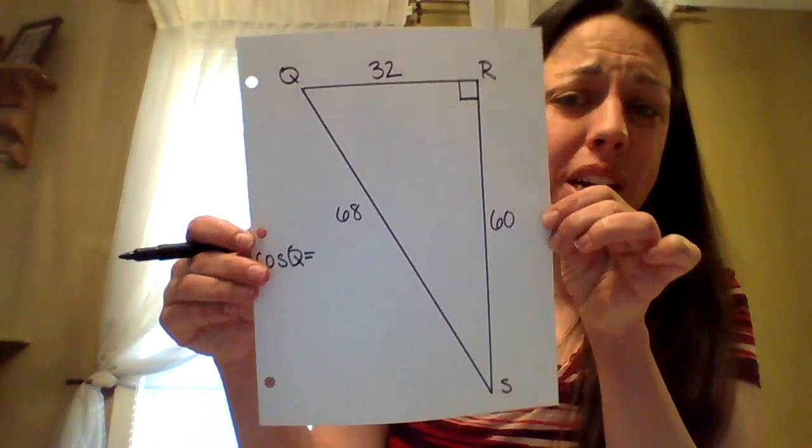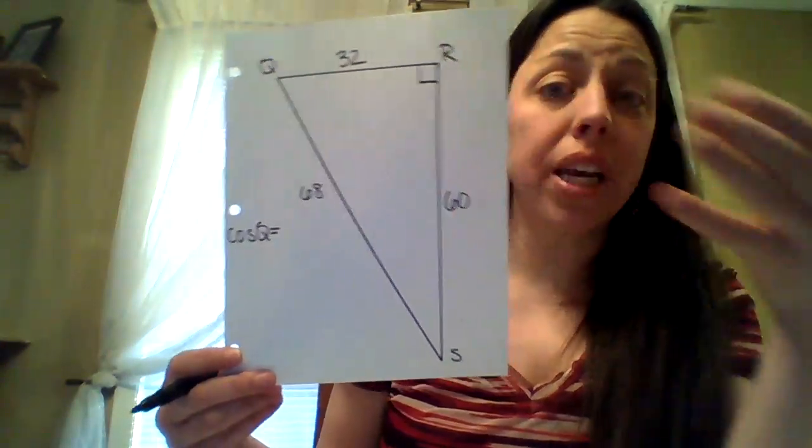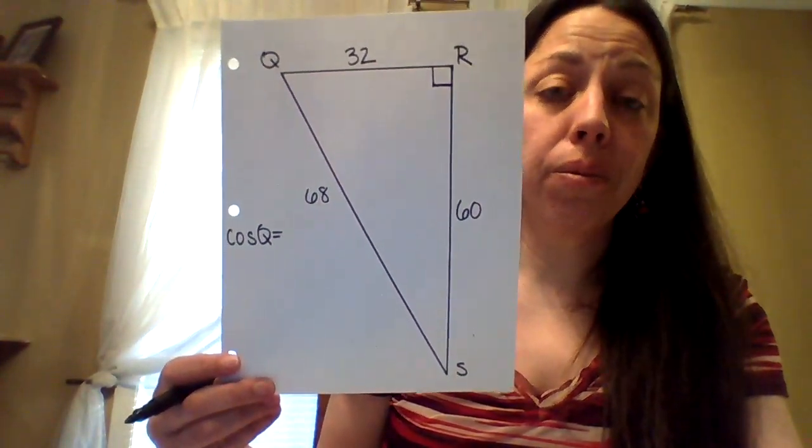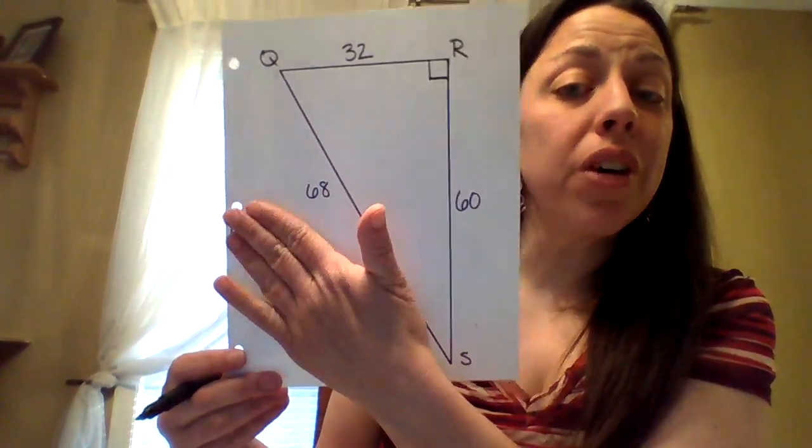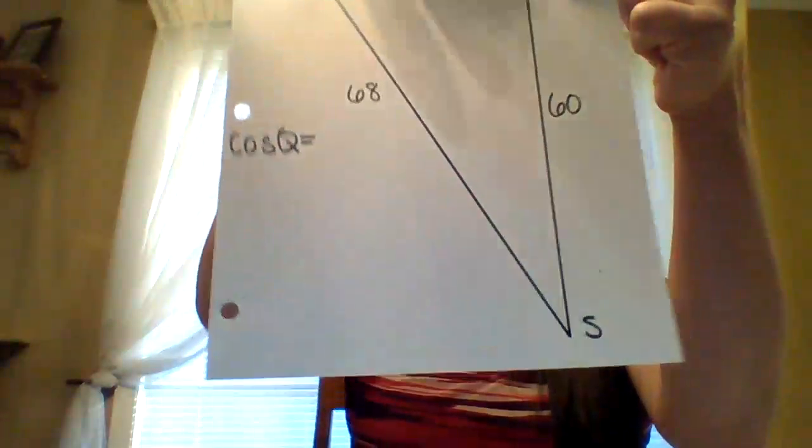Here we go. I drew the triangle in a different way, so we would have to look at it a little bit differently. Go ahead and hit pause so you can copy this down. And again, before you even care what angle you're looking at, your right angle is here. Immediately go across from it. That is opposite.